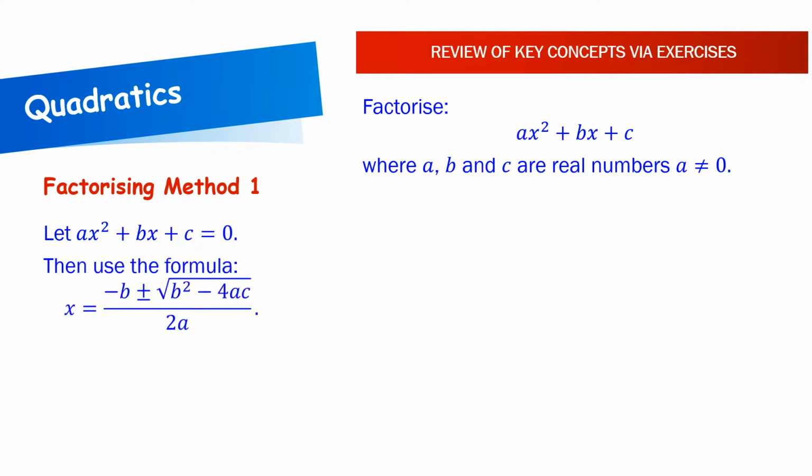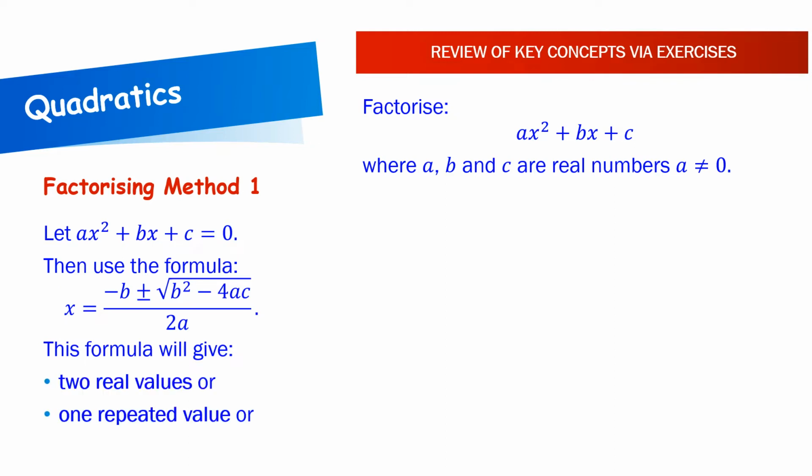Then we use the quadratic formula to solve this. x is equal to minus b plus or minus the square root of b squared minus 4ac all over 2a. This formula is either going to give two real values, or one repeated value, or no real values.